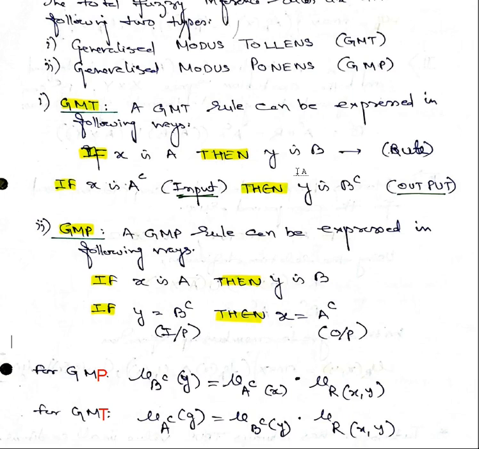When we talk about this particular case in tollens, we basically consider it as a backward chaining rule under rule-based systems. And when we take a GMP, this is expressed as: if x is A, then y is B. Then if y is the complement of this one, then x is also the complement.